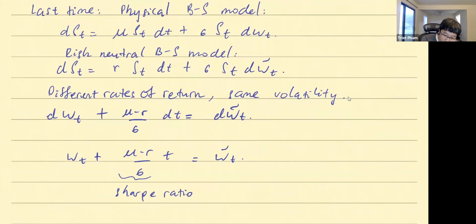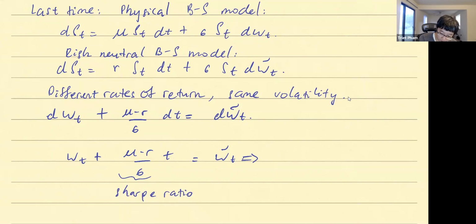It basically tells a better picture of the stock. It's the normalized version of the excess return of the stock. If you look at the excess return compared to the risk-free rate, and then you normalize by the risk factor, the volatility, that gives you a normalized version of the excess return of the stock. And so this relation is the connection between the physical and the risk neutral model.